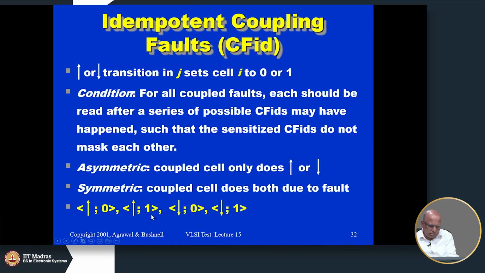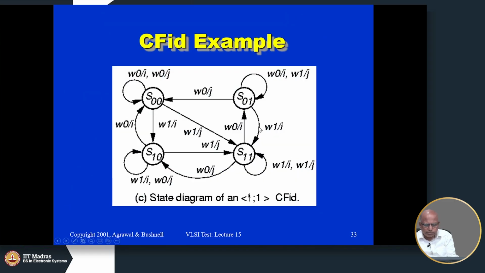It could be that if j is changing from 0 to 1, I goes off into this state, and similarly when j is changing from 1 to 0, it goes off into state 0, or if j is changing from 1 to 0, it goes into 1. So, these are the possibilities. So, j is changing from 1 to 0, causing I to become 0. So, this notation, okay.